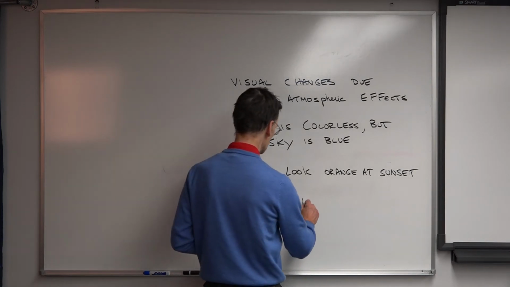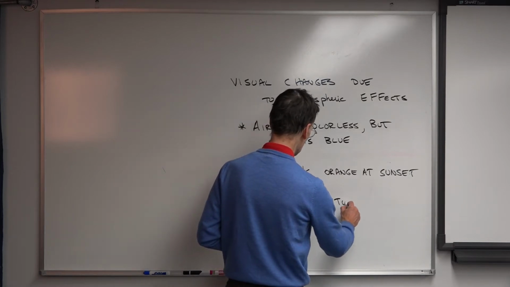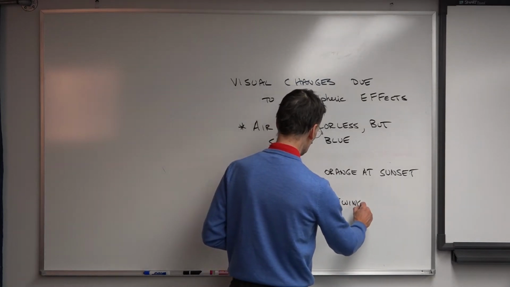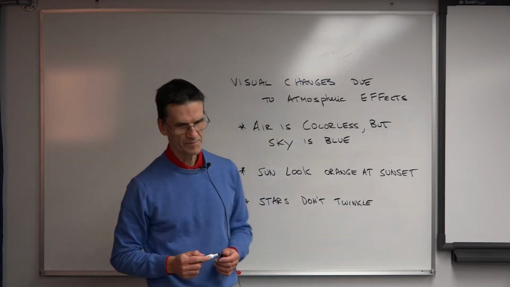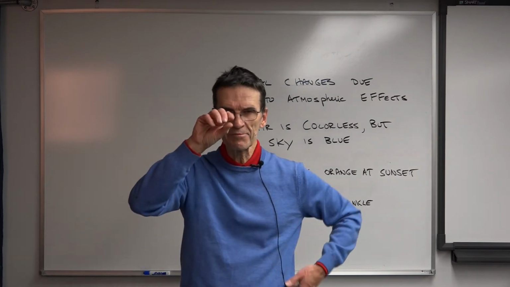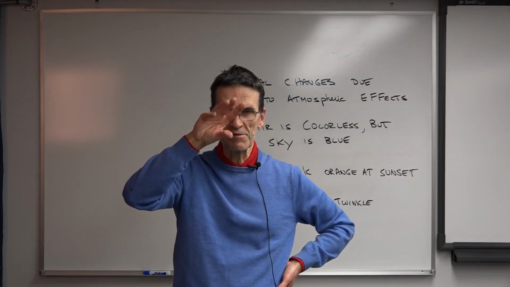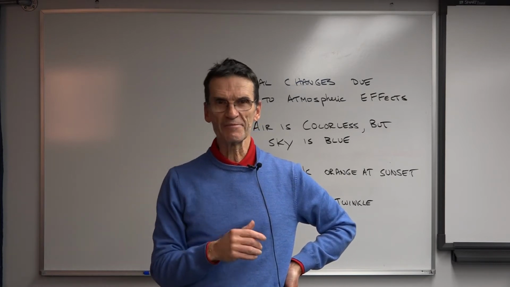Stars twinkle. Twinkling meaning they get brighter, then a little dimmer. That brightness flashes a little bit on and off, on and off. That's an atmospheric effect.